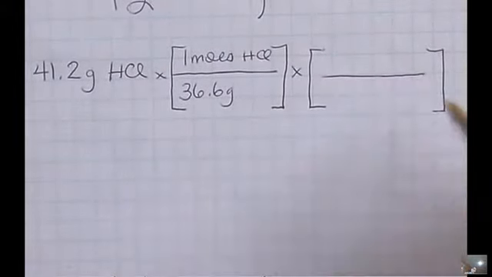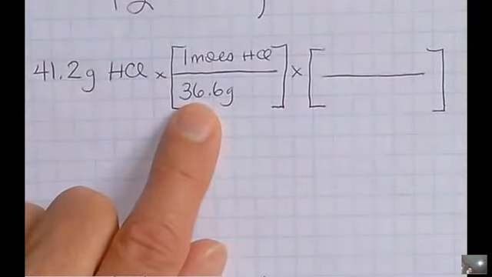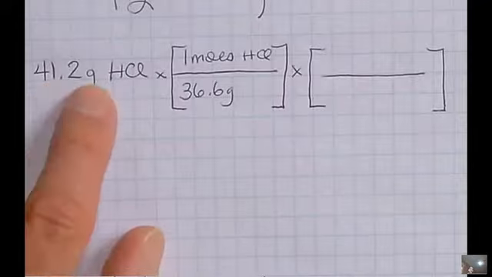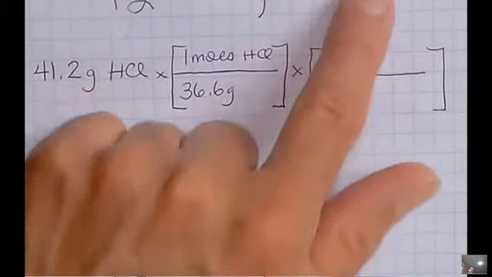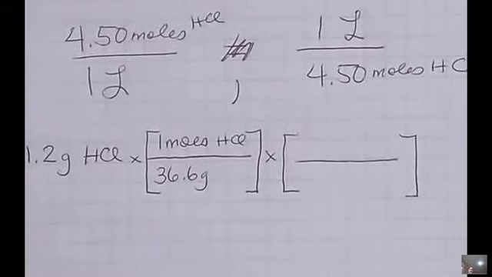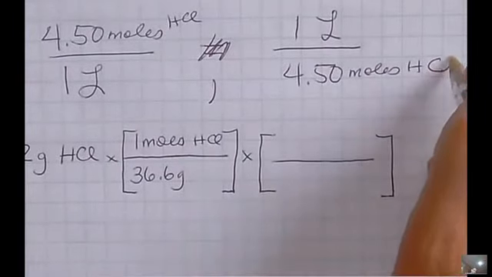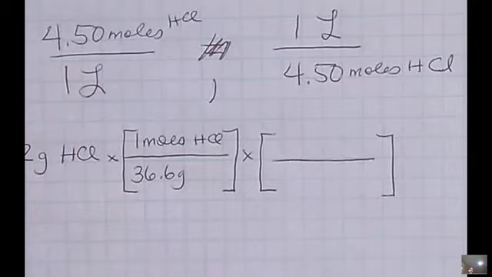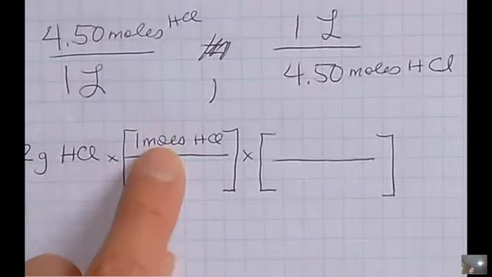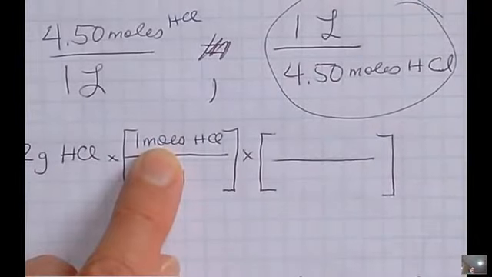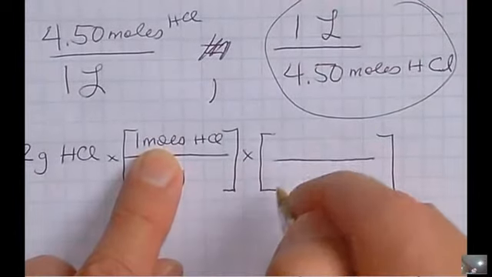I want to find out how many liters of solution I need so that the solution contains this amount of grams. So I can use one of these two factors up here. And which one am I going to use? Well, I have moles of HCl here. I'm going to use this second one because I want moles of HCl to cancel.